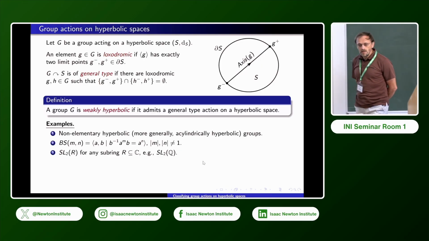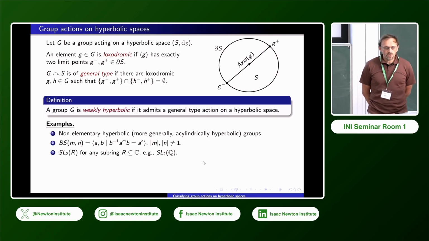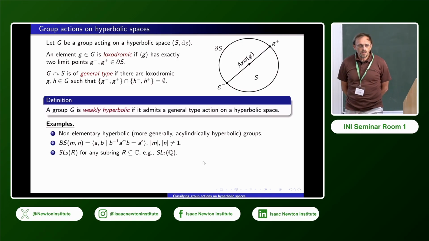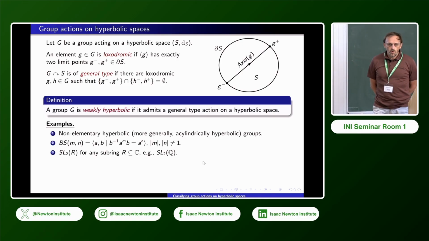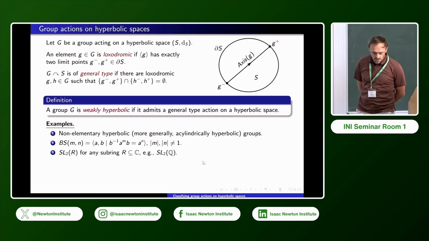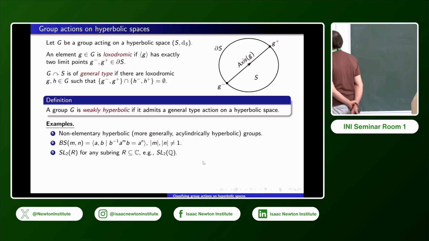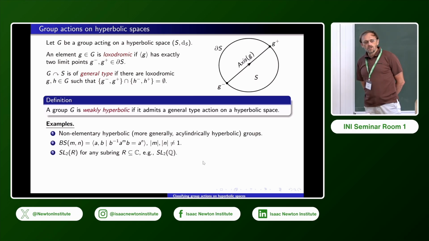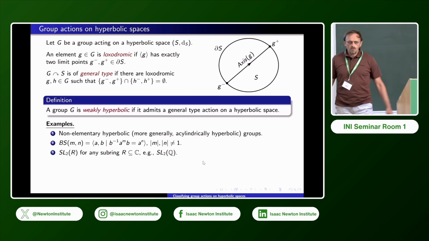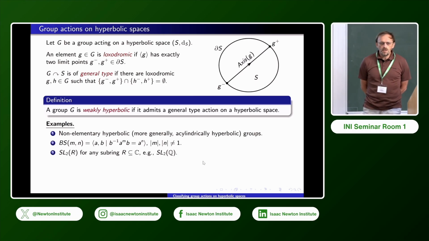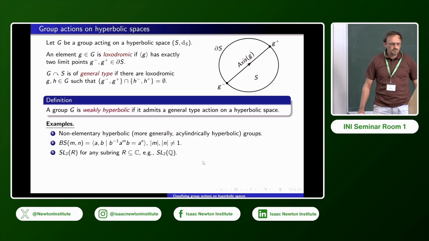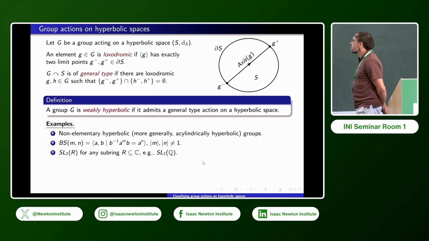And also, if you take any subring R of the complex numbers and consider the group SL2(R), it's going to be weakly hyperbolic, just because it acts on H2 or H3, the hyperbolic two-dimensional or three-dimensional space, depending on whether R contains complex numbers or not. And the action is going to be non-elementary because already the action of SL2(Z) in both cases is of general type.